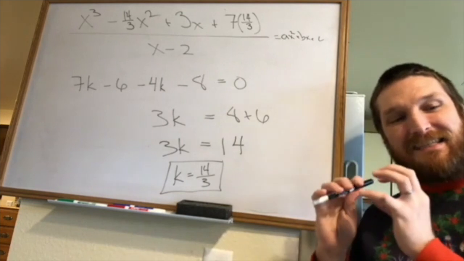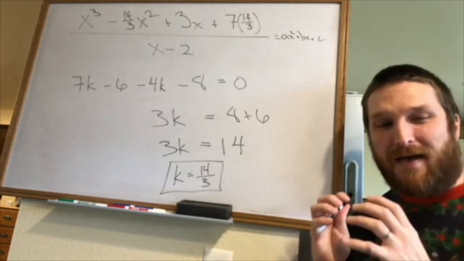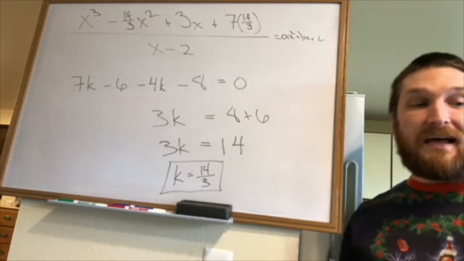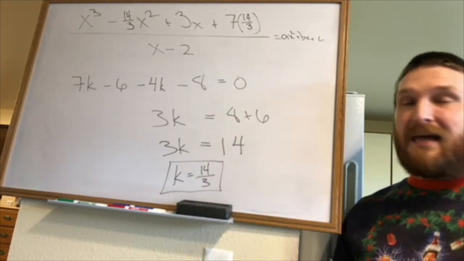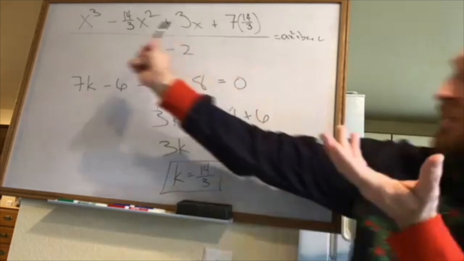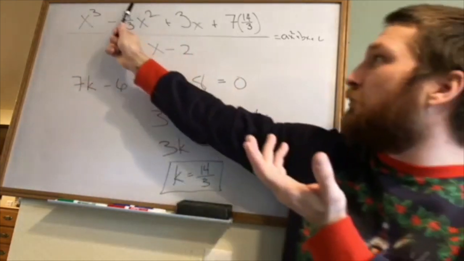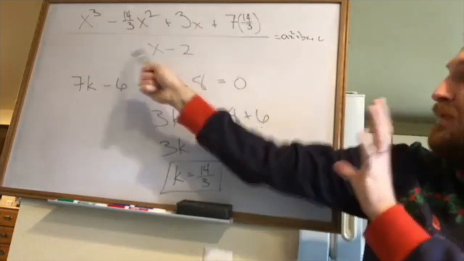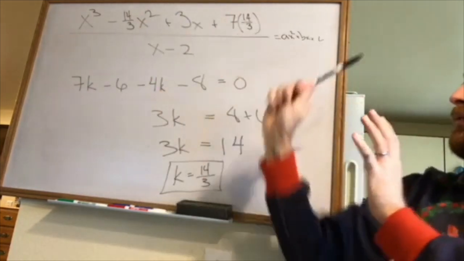If I could manipulate this thing so that I get no remainder, oh man, that would make my life really easy. So that's the type of thing you're doing. I have some room to play here and here. If I can manipulate this so that I don't get a remainder, I'd be good.